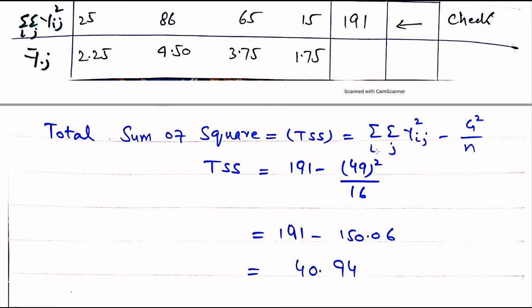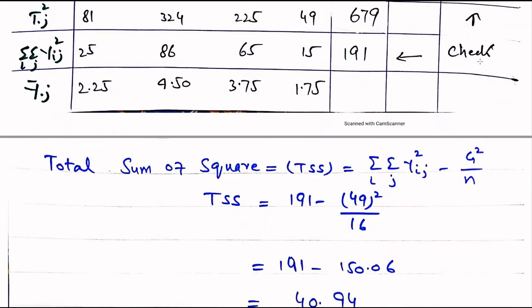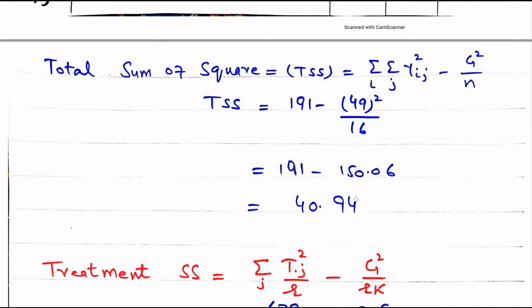These two summations show one is variation on the row side and this is variation on the column side, minus G square over n. TSS: Yij square is 191. Here we calculate 191 minus the correction factor. Our total sum of squares is 40.94.